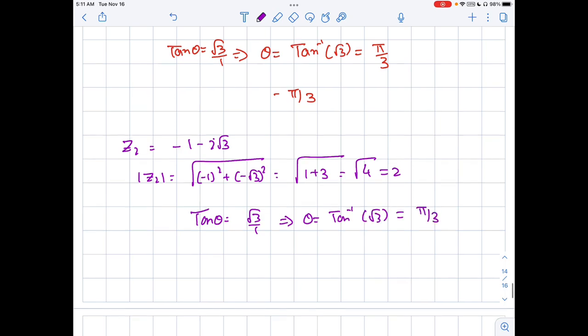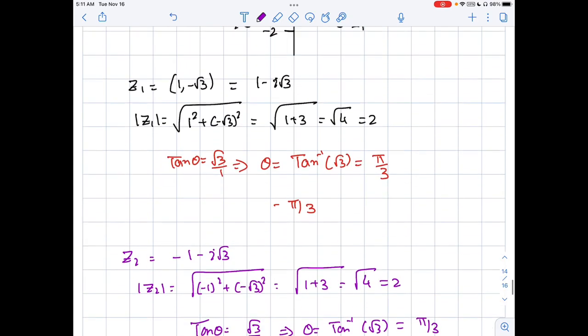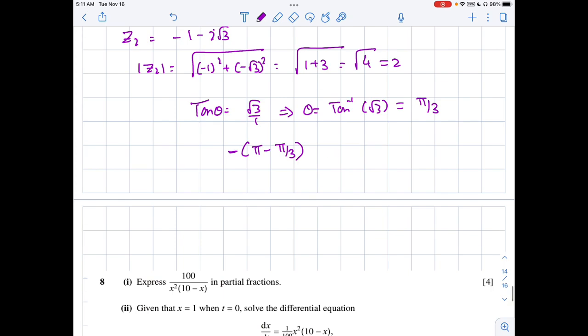But it is in the third quadrant, so I do pi minus pi by 3, and I do minus of that, because I want the angle with the positive x-axis. I am going to find pi minus pi by 3, but I'm going in the opposite direction, therefore minus. So it becomes minus 2 pi by 3. That's going to be the answer.